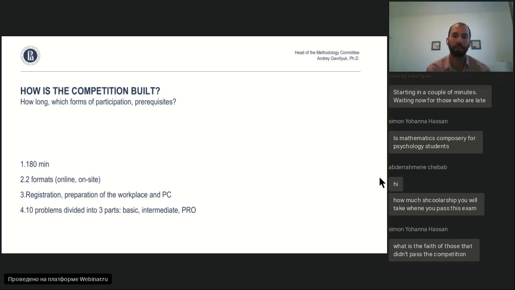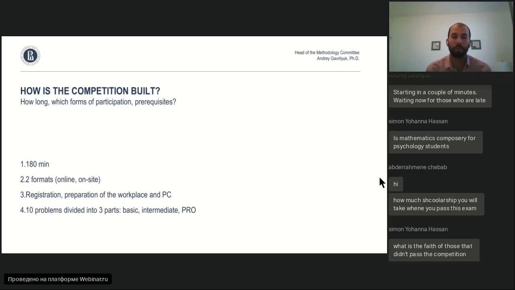For example, the on-site competition will be held in different places, in Asia and in Western Europe, and probably also in the United States and in Africa, in different parts, probably in other countries of the Americas. So that means that we will have different tasks, but all of them are in the same form.